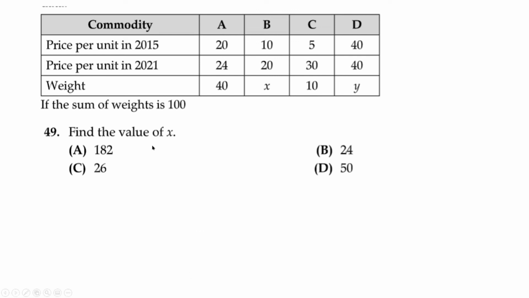Next question, find the value of X. So here there is one clue which is given. The sum of the weights is 100. The sum of all these is 100. So 40 plus X plus 10 plus Y is 100. Or we have X plus Y will be 100 minus 50, which is 50, or Y is equal to 50 minus X. So using this, let us find the value of X. And in the question, the index is itself given.